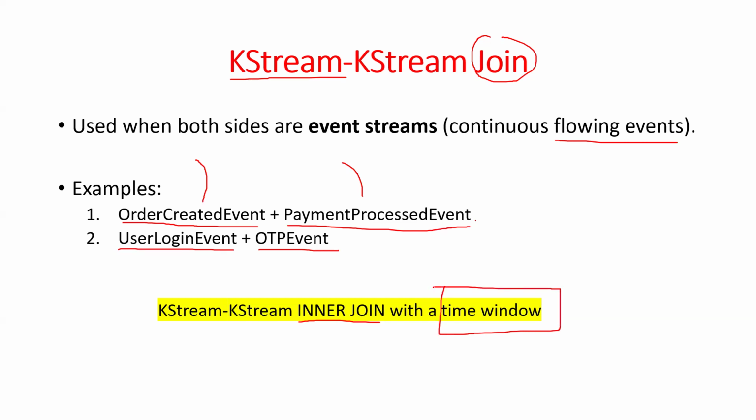You can even specify the time window: within that time, I should get both events, order events and payment events. How we are pulling the data, how we are merging, and how we are publishing to order summary events, let me demonstrate as well, guys.